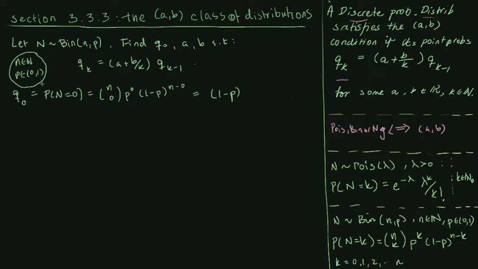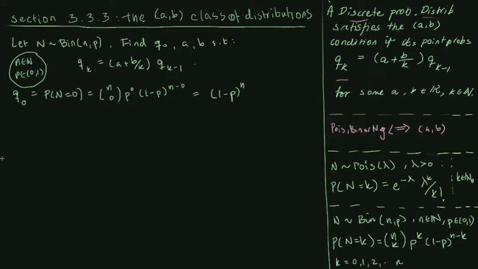I do it a bit differently than in the book, because they sometimes allow p to be exactly 1 or exactly 0, but I don't think we should look at the degenerate cases since they're not that interesting. So we just look at the interesting cases.